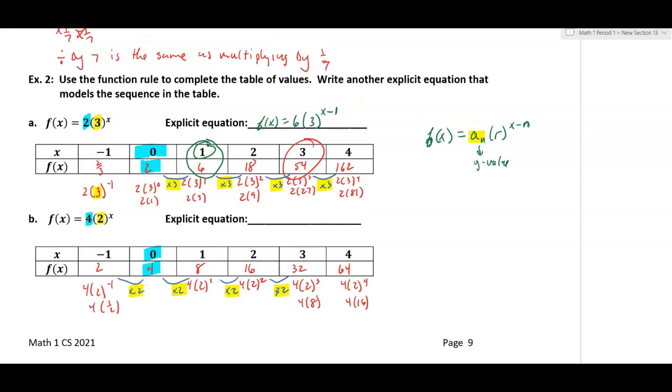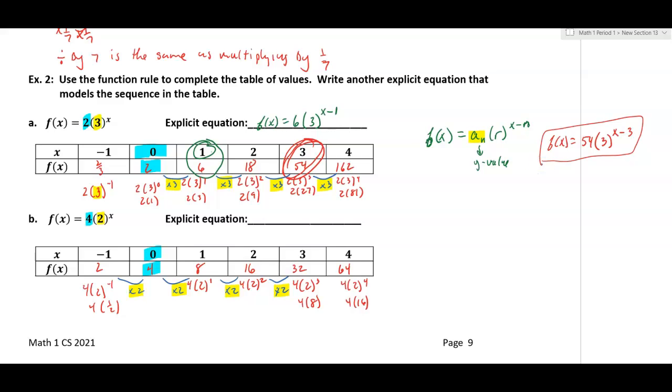So if I wanted to write another one and use this ordered pair, I could also say f of x equals 54, because that's the starting y value, times 3 to the x minus what x value did I use? The third x value. So this would be another explicit rule that could be used.